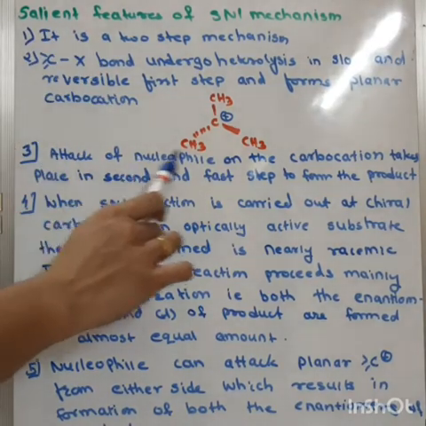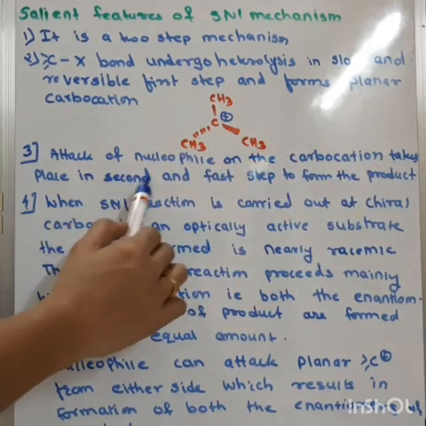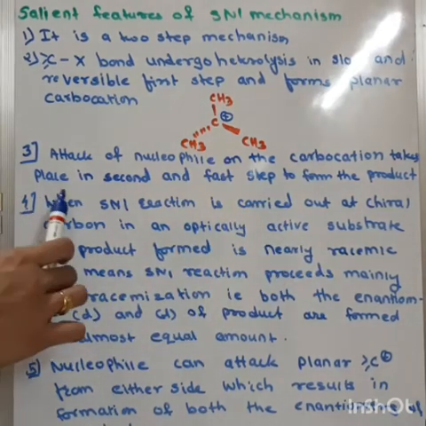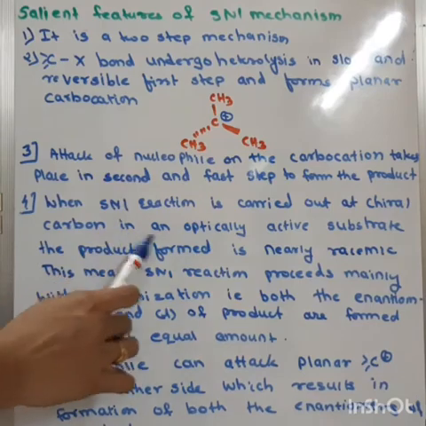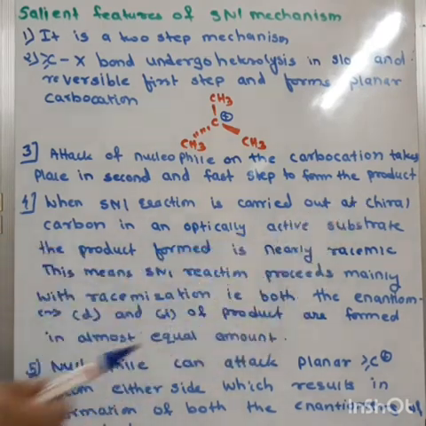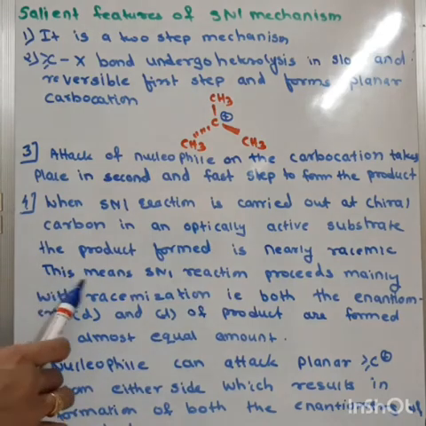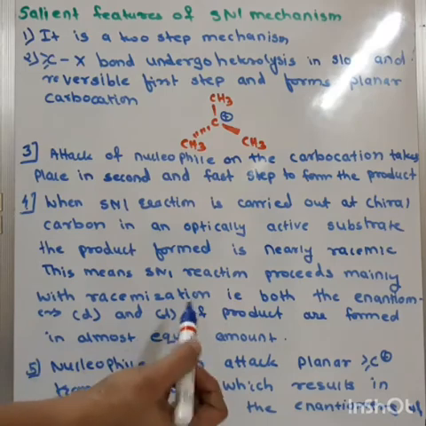Third, attack of the nucleophile on the carbocation takes place in the second step to form the product. Fourth, when an SN1 reaction is carried out at a chiral carbon in an optically active substrate, the product formed is nearly racemic. This means the SN1 reaction proceeds mainly with racemization.